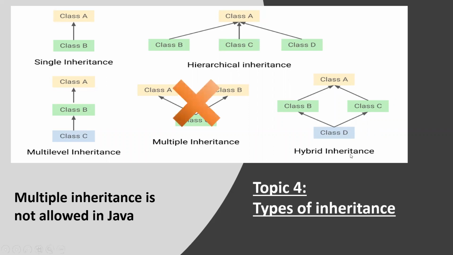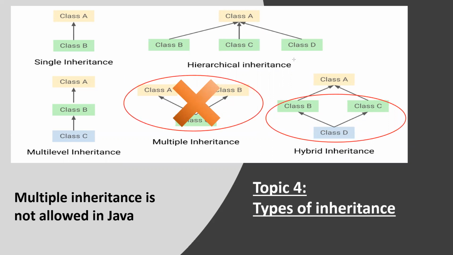Now here in hybrid inheritance, you can see class D is extending B and C. The upper part is okay. Class B can extend class A, class C can extend class A. It is something like hierarchical inheritance. But if you concentrate on class D, you can see class D is extending both B and C, and it is similar to multiple inheritance.